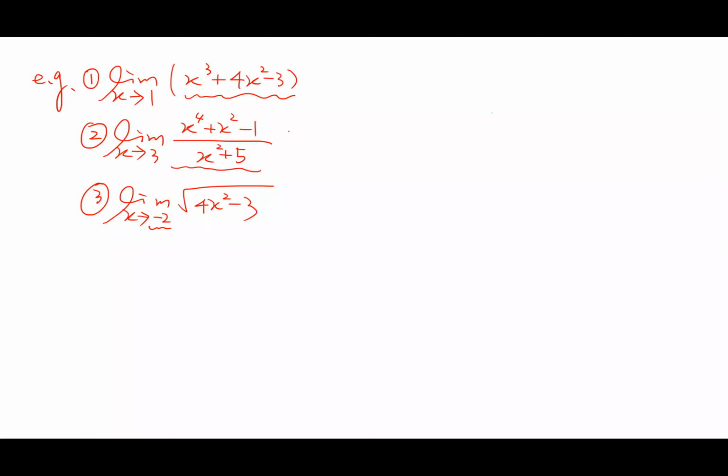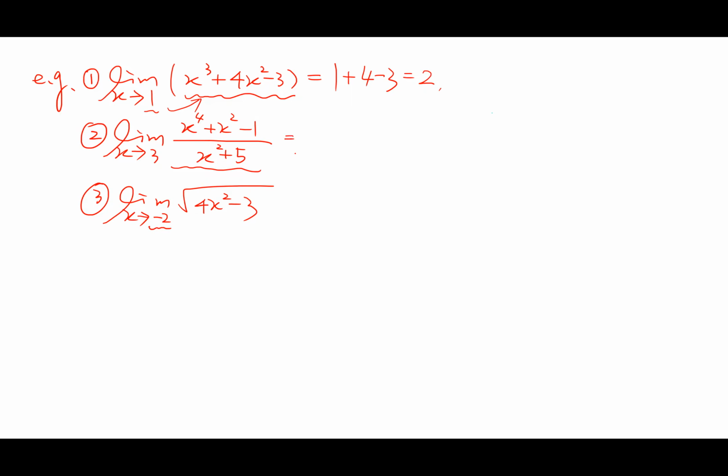But no matter which kind of function, the first way to calculate the limit is to substitute the point into the function. So that equals 1 plus 4 minus 3, so the first result is 2.